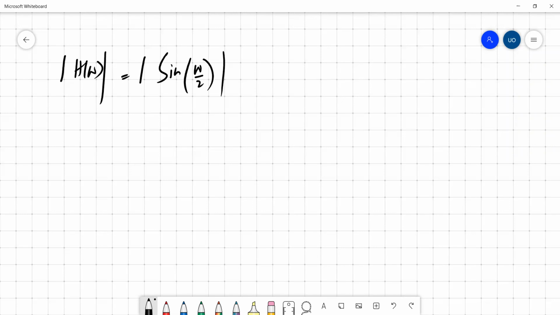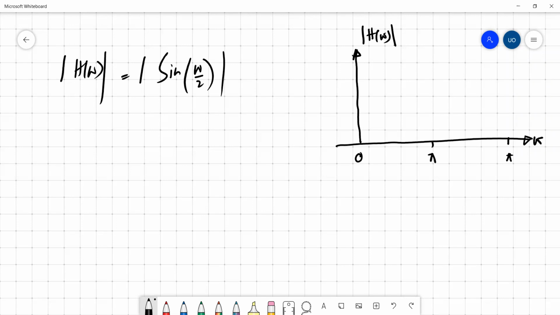So this is your omega, and this is mod H(omega), the magnitude response. This is 0, this is pi, this is pi by 2. We know that the Fourier transform is periodic between -pi and +pi, so we just plot the positive half of this one, 0 to pi.